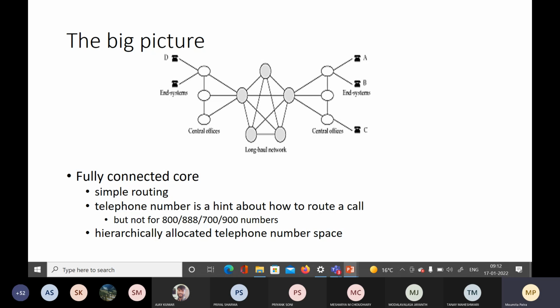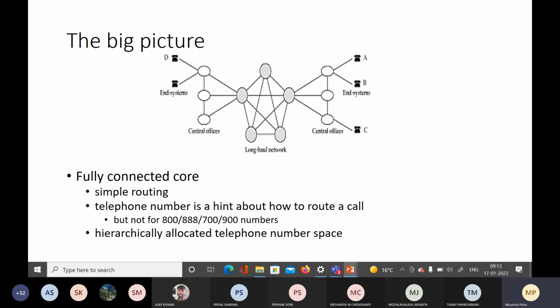So that's what the second point is talking about: the telephone number is a hint about how to route a call between a source and a destination. But of course, not for certain numbers. Here it is given as some 800 or 700, but it depends from country to country, right? Like 100 and 101 in India, and I think 911 in the US.